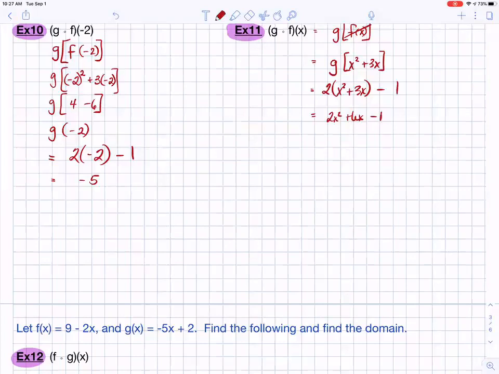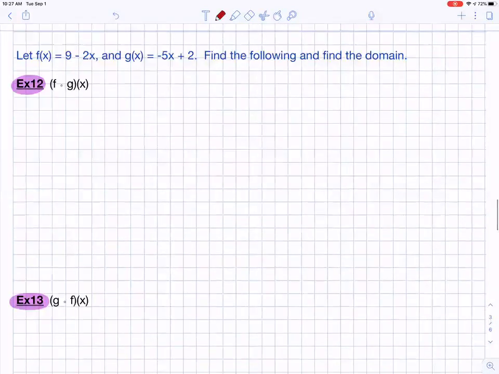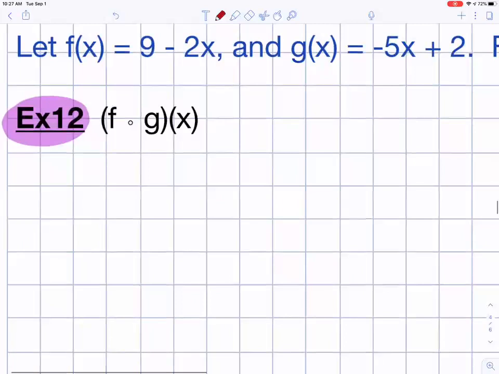All right, so the next one, 2 new functions. This time I'm supposed to find and get domain. So let's find first. What's the better way to write number 12?